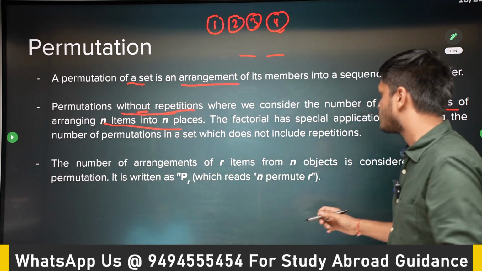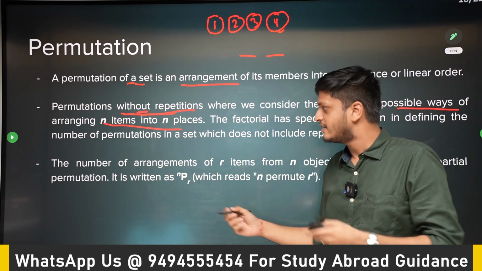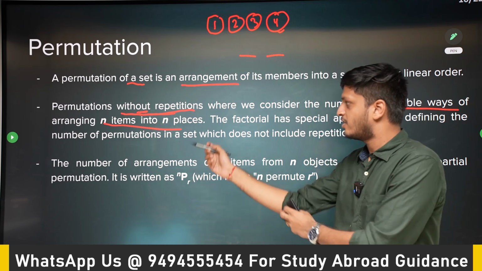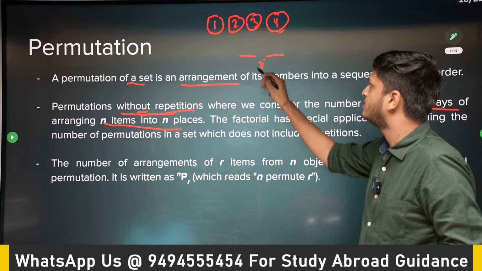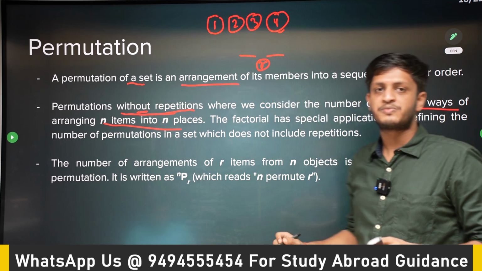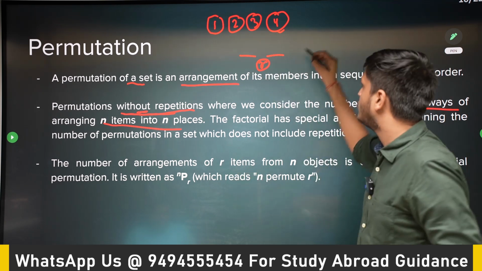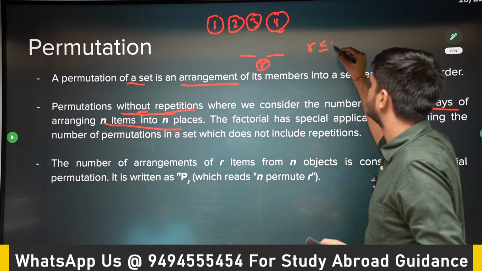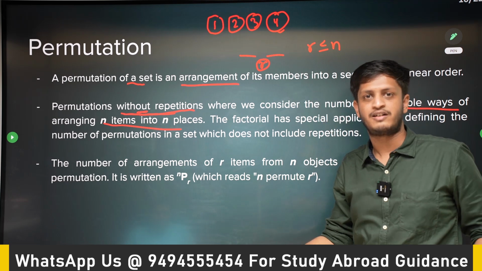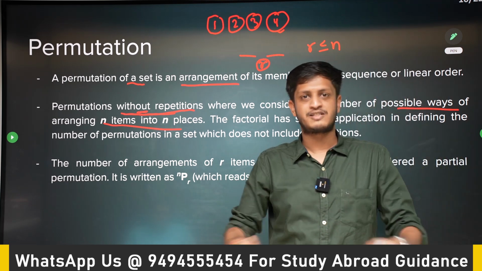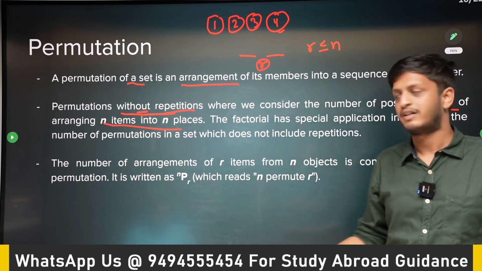The interesting thing is, why are we learning permutation? We already know factorial, right? If we have to arrange n objects in r places, and r will always be less than or equal to n. Why? Very simple, right? You cannot arrange 4 objects in 5 places. You can never arrange 4 objects in 5 places, one will remain empty.